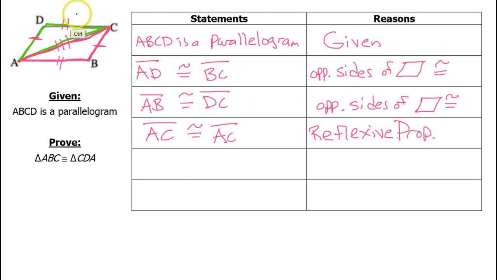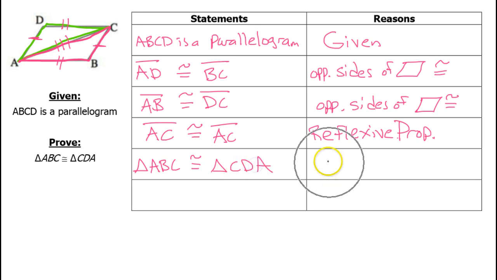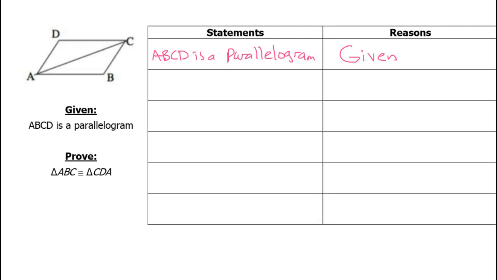So now I have side, side, side. So now I can say triangle ABC is congruent to triangle CDA by side, side, side. Now, I want to show you another way I could have done the same proof.